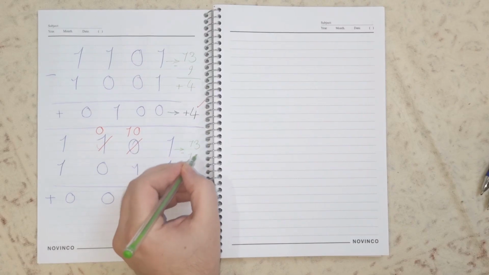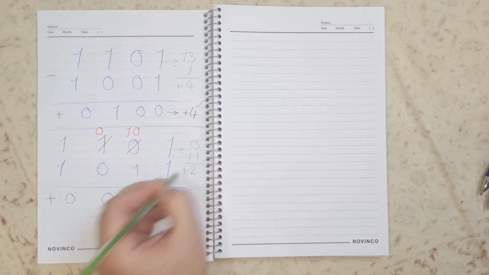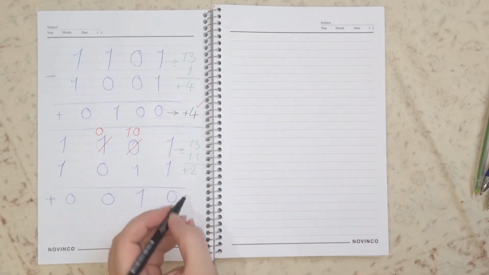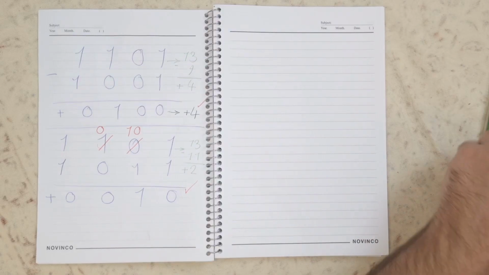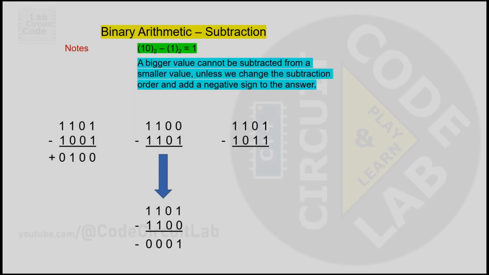The bottom side is 11. And the result is positive 2, which is correct. So our subtraction was actually correct. As we saw, the answer is plus 1, 0, which is a plus 2.